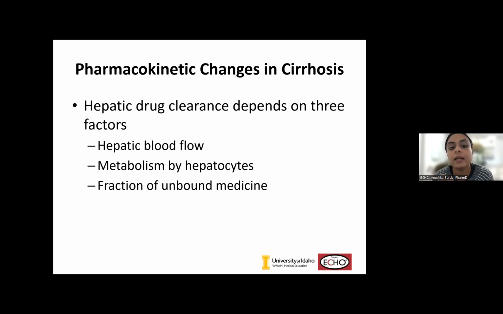And in the setting of advanced fibrosis, the number of plasma proteins is also pretty low. So medications which are highly protein bound, for example phenytoin or paroxetine or PPIs, which depend on plasma proteins such as albumin, now have a pretty high fraction of unbound medication, which results in toxicity.